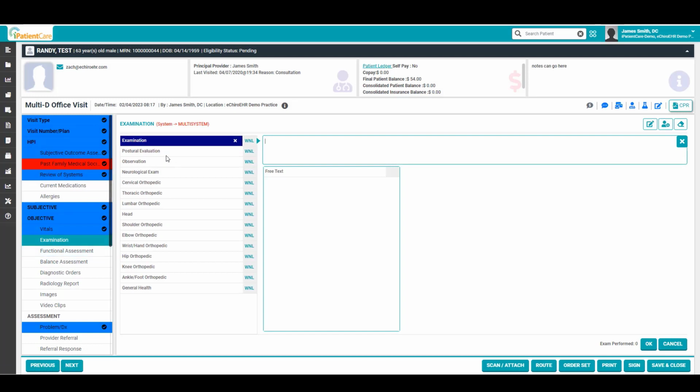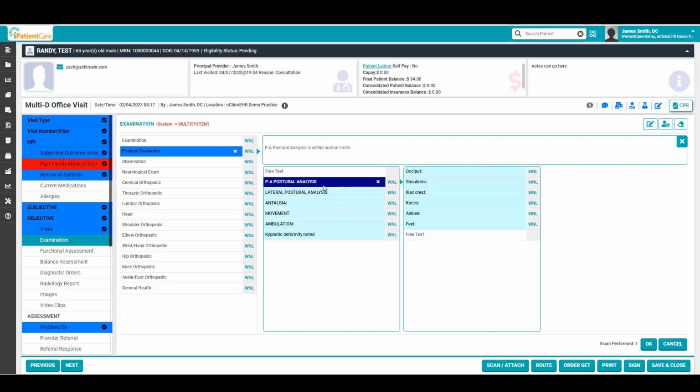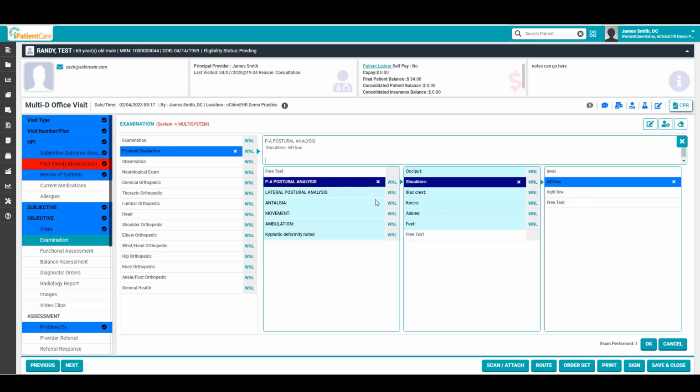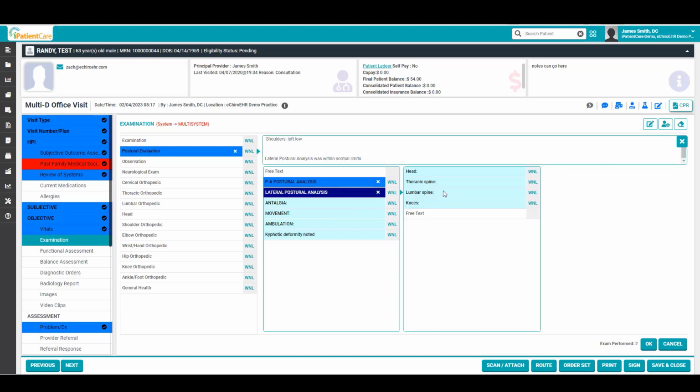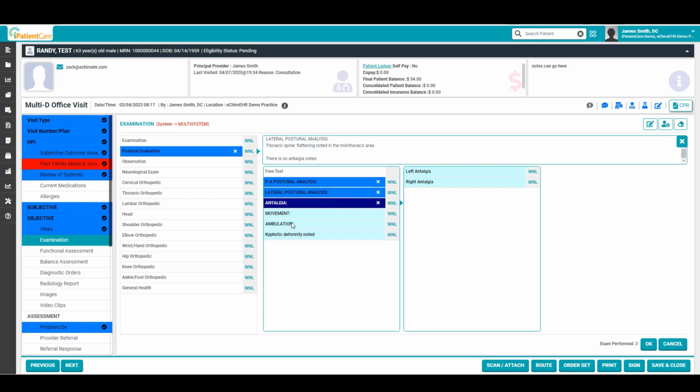Now, the examination section has been set up, as you can see, under the following systems: postural evaluation, observation, neurological, the orthopedic sections, and then finally general health. If we click open postural evaluation, we can begin right at the top, PA posture, and identify the findings: lateral, if there's antalgia, movement, ambulation.